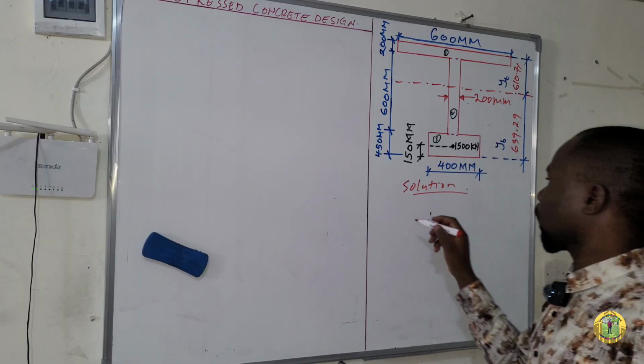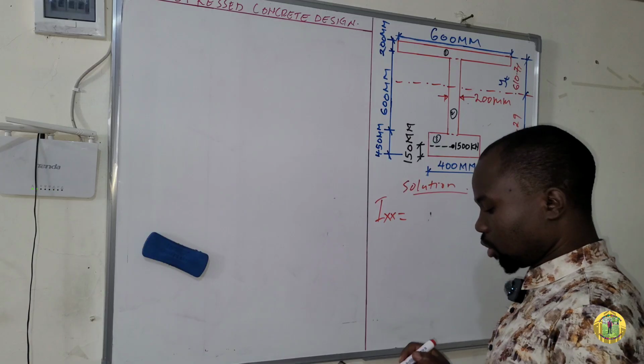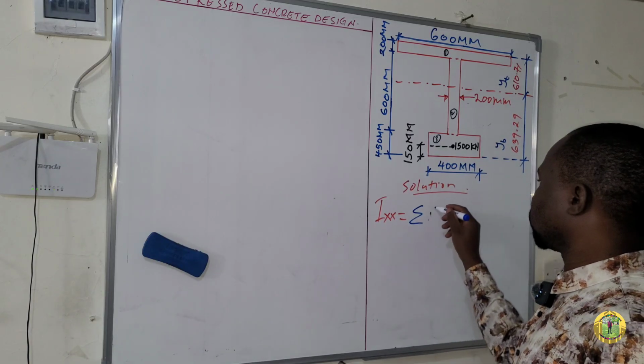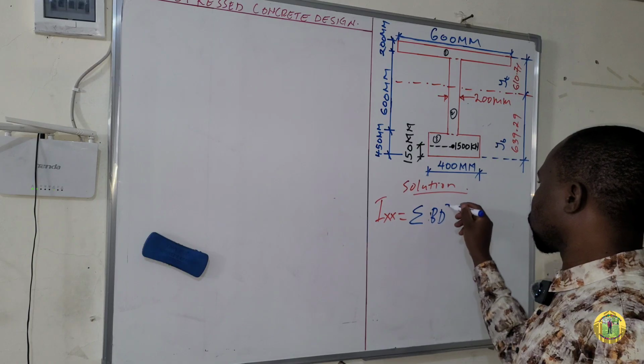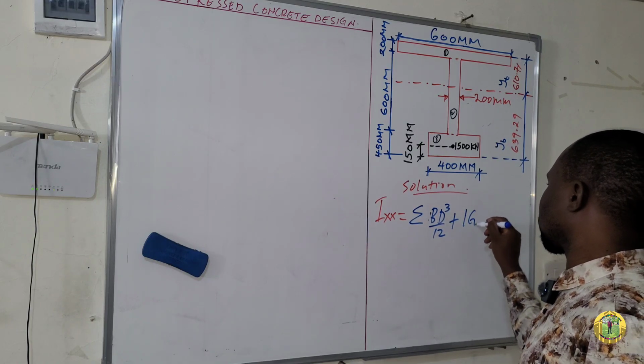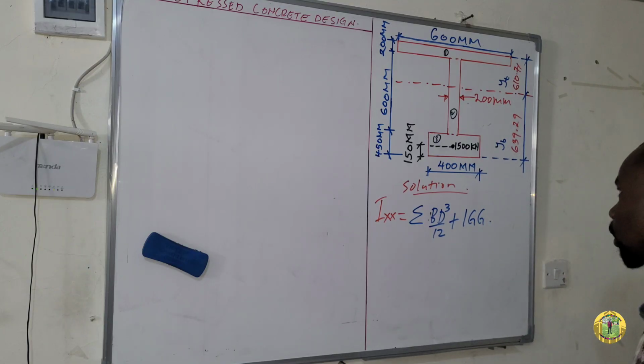Now to calculate Ixx, this is the second moment of area. The formula is summation of bd cubed over 12 plus Ig g. So that is the formula.